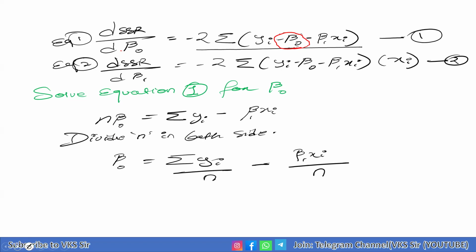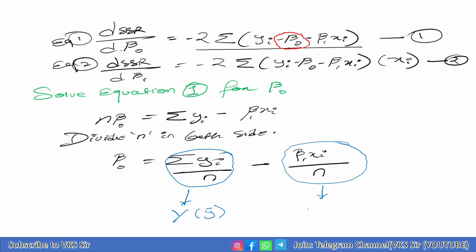Now see, one important point: the sum of yi divided by n is the mean of y. In the same way, this part is the mean of x. So now we can rewrite it like this.